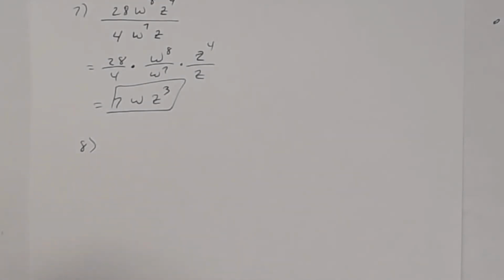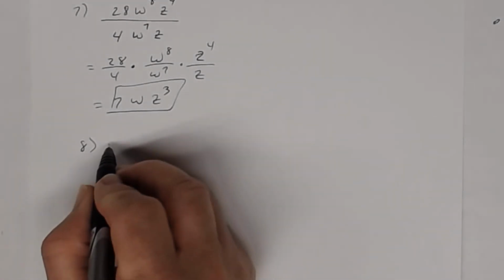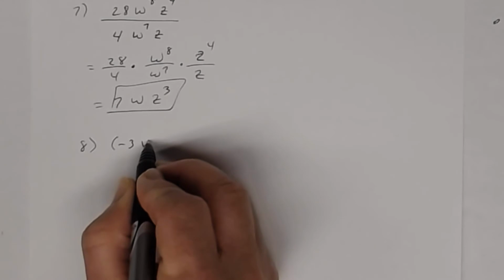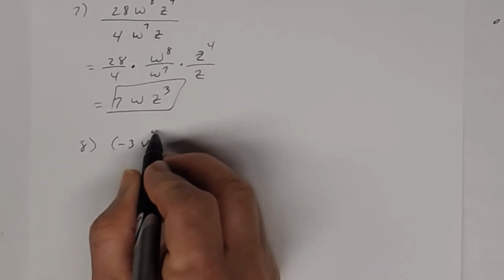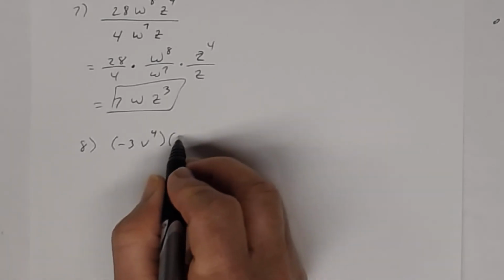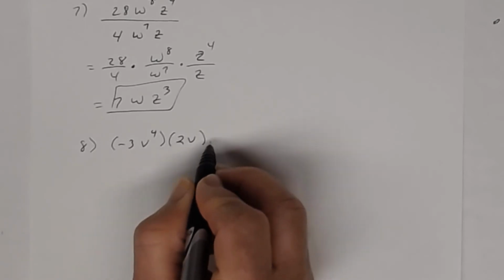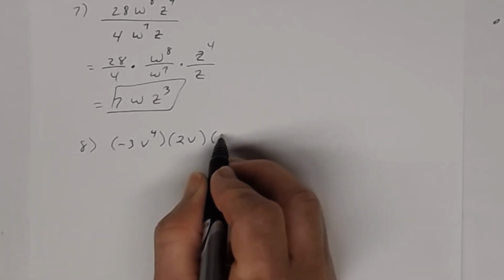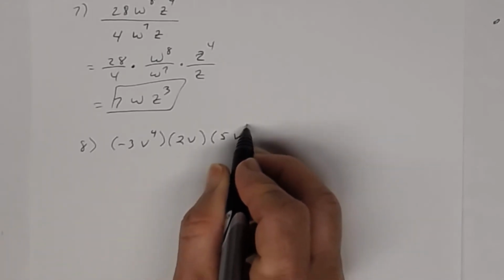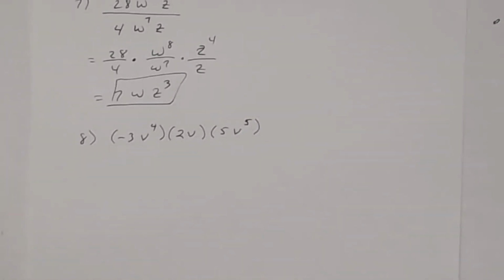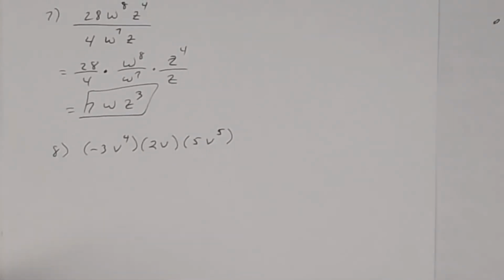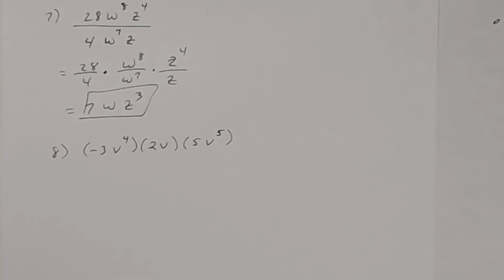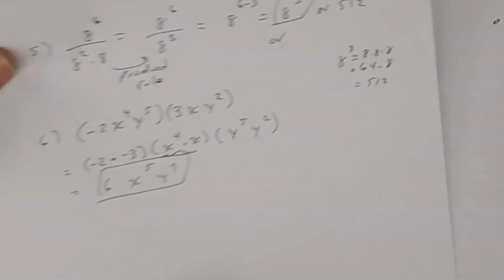All right, let's look at number 8. Suppose in number 8 I have negative 3v to the 4th power times 2v times 5v to the 5th power. Let's say I had that. Okay, so it's very similar to this one that we had here.